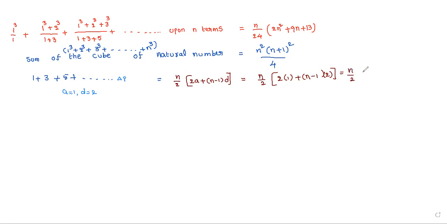N by 2, 2 plus 2n minus 2, the 2 and minus 2 cancel. N by 2 into 2n, the 2 cancels. N into n is n square. So that is the right value.